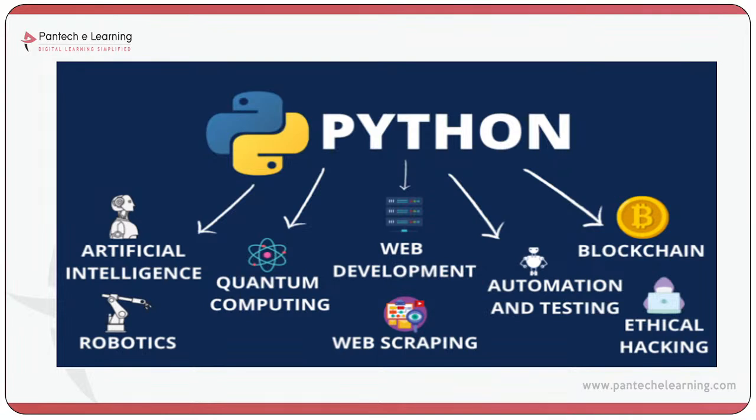What is ethical hacking? Ethical hacking is a process of detecting vulnerabilities in an application, system or organization's infrastructure that an attacker can use to exploit the individual or organization.